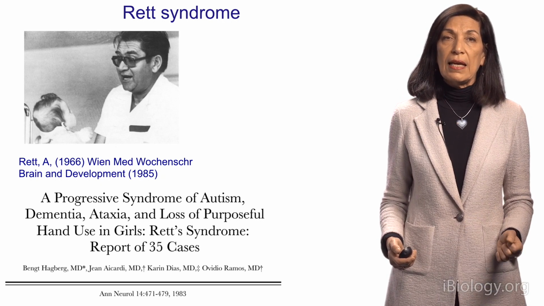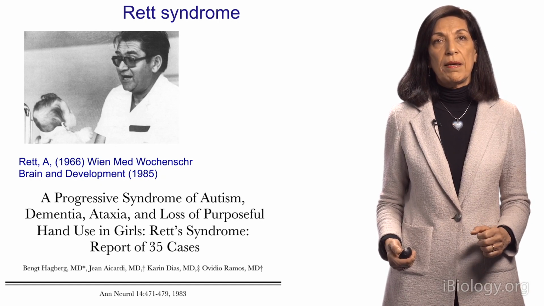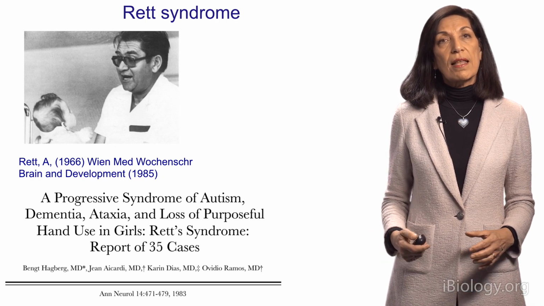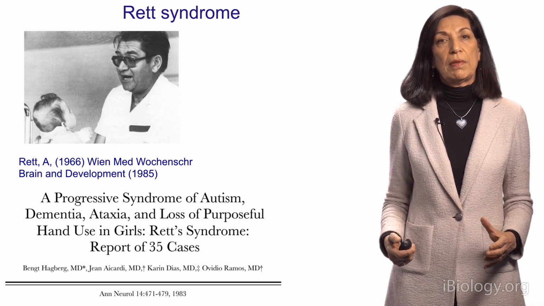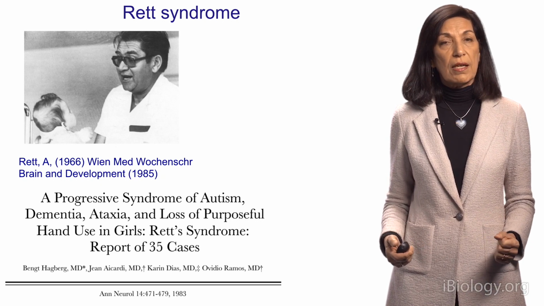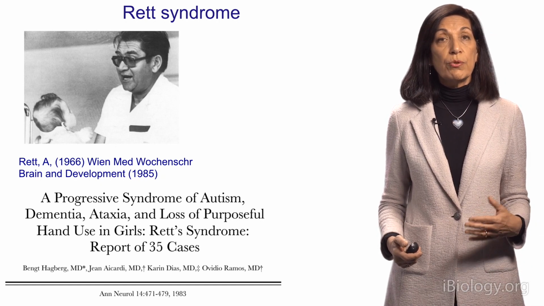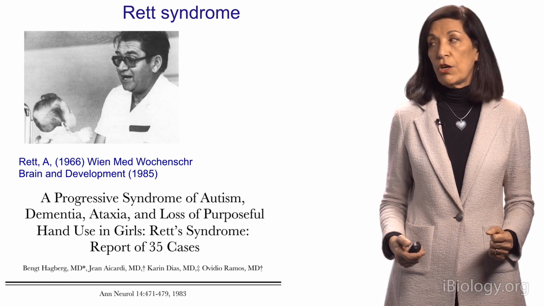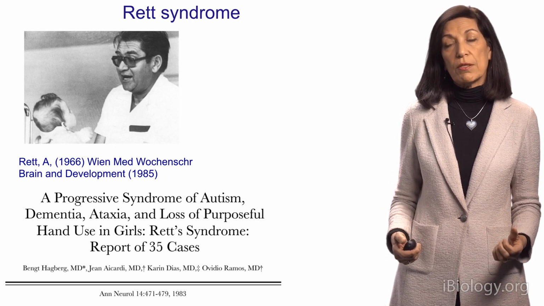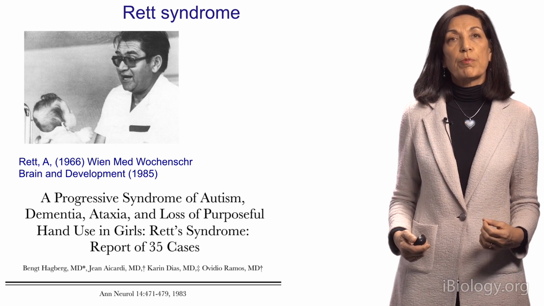But in 1983, another neurologist, a Swedish neurologist, his name Bengt Hagberg, with his colleagues, realized that they see a unique syndrome that they said is a syndrome of autism because of the features I described to you, dementia, that means there is regression, losing the skills that you've already learned, as well as balance disorders, that's the word ataxia, means balance and uncoordination, and loss of purposeful hand use.